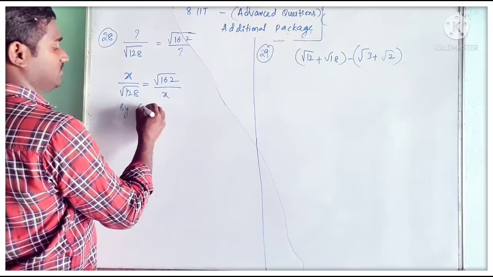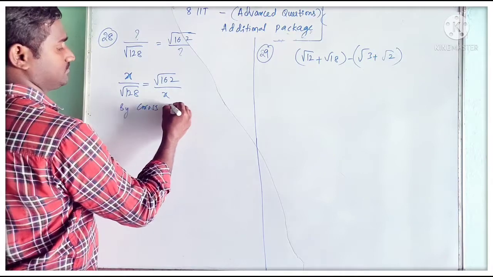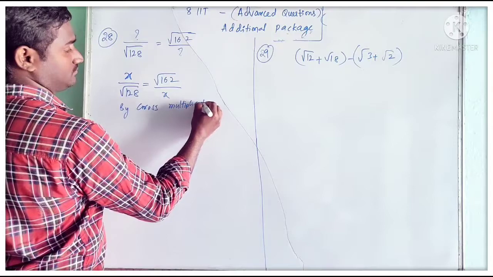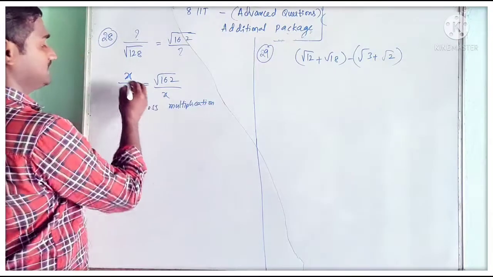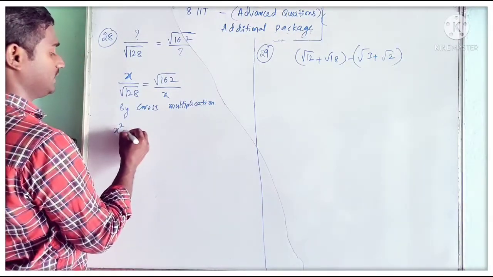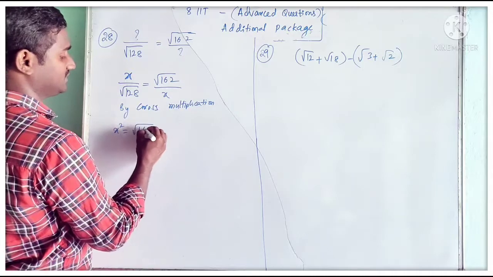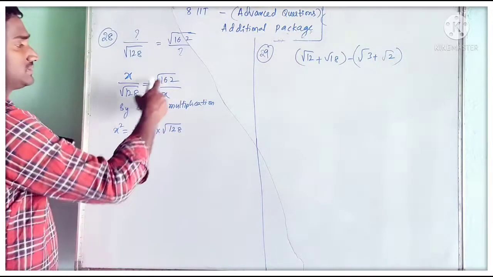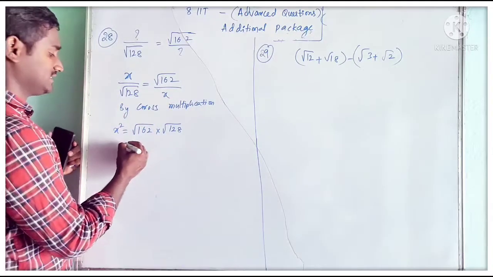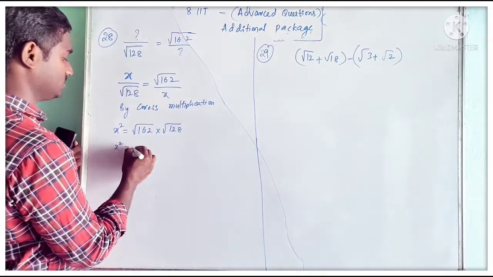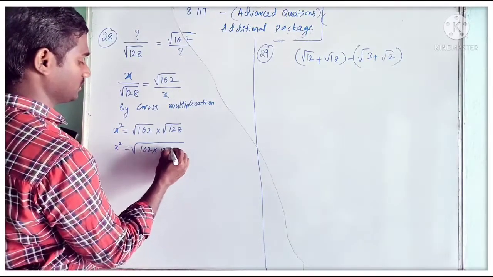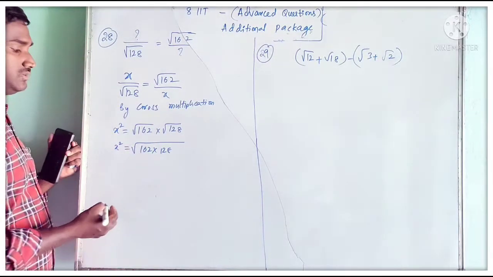By cross multiplication, x into x, how much? x square equal to square root of 162 into square root of 128. So x square is equal to square root of 162 into 128. Both have square roots only. So multiply.